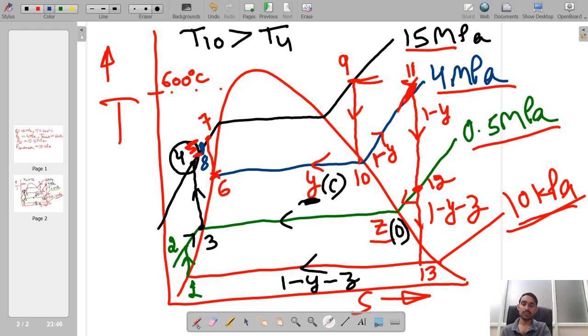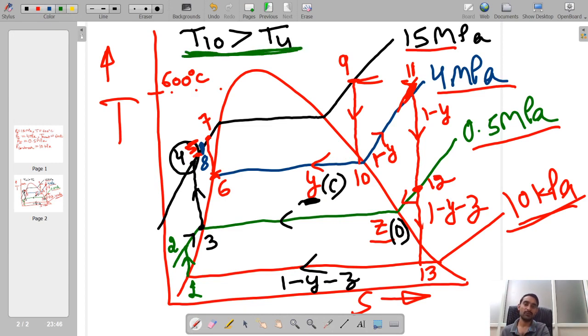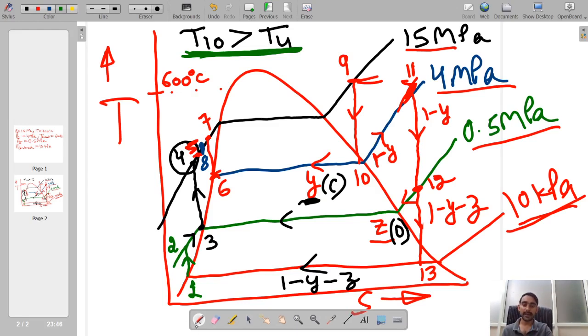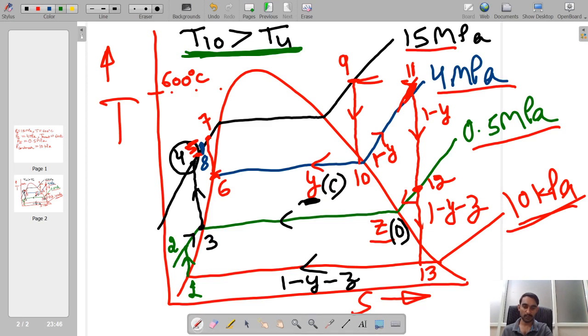However, in actual practice the temperature of point number 10 will be more in comparison to the temperature of point number 4. So let us now see the correct diagram with correct representation and proper scale in our slides.